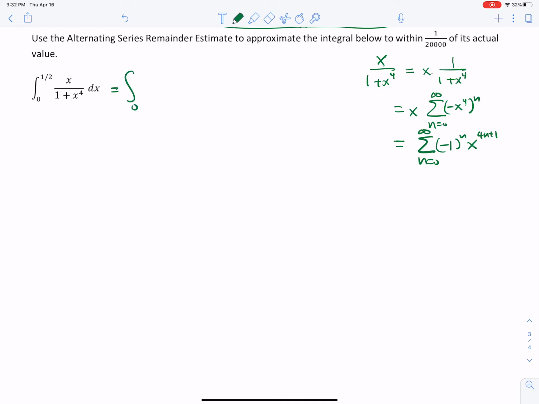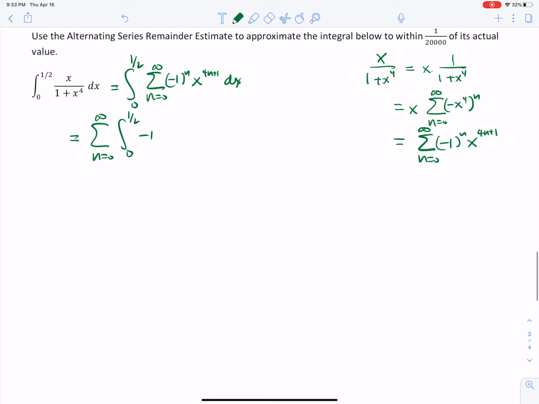So let me substitute that in over here. And I know that I can switch the sum and the integral. Minus 1 to the n, x to the 4n plus 1 dx.